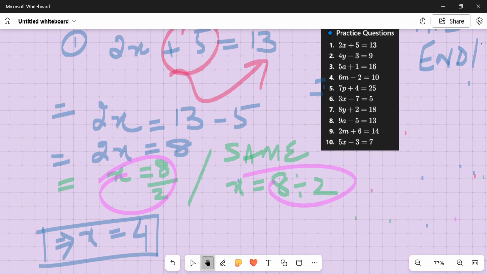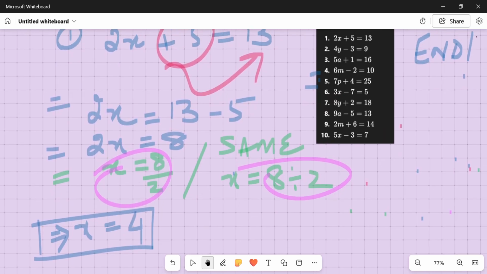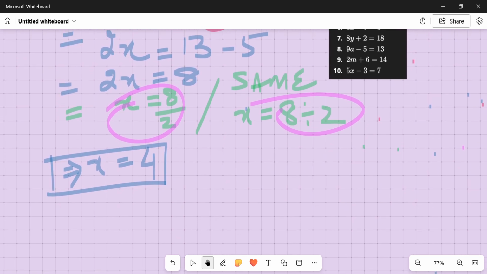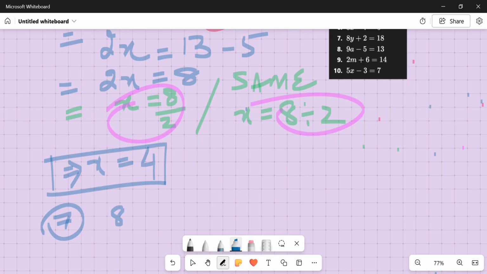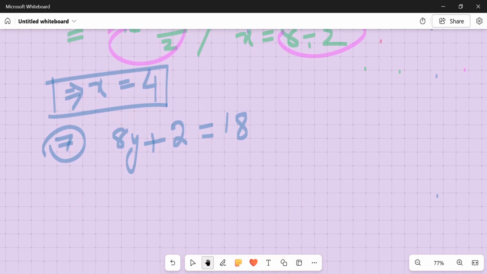Now let's solve the second one. I'm solving the seventh one; the rest of the questions you need to do. So 8y plus 2 equals 18.